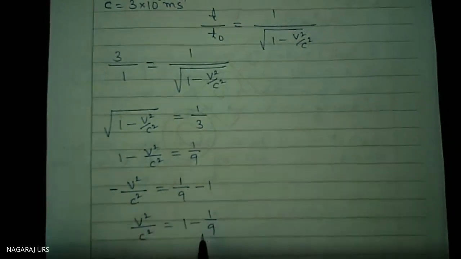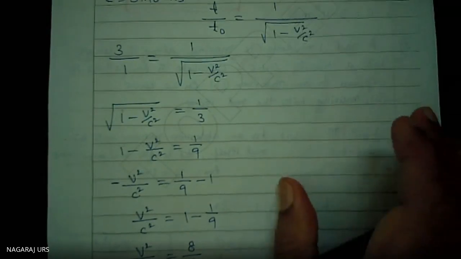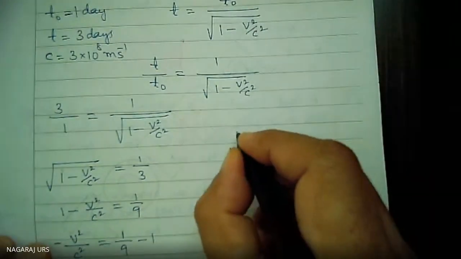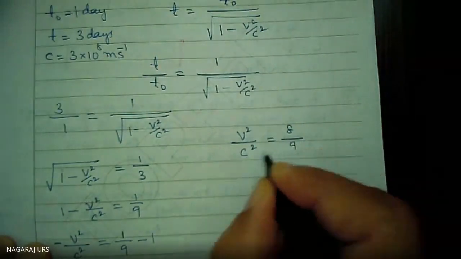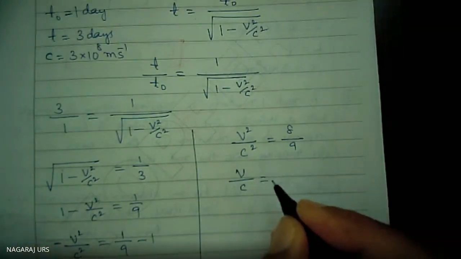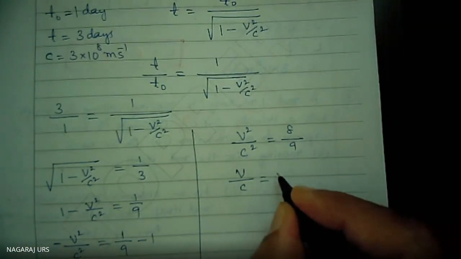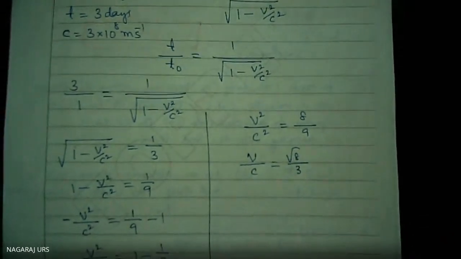I want to write this step in the beginning only. No problem. Therefore, v square divided by c square is equal to 8 divided by 9. Therefore, v divided by c is equal to root 8 divided by 3.